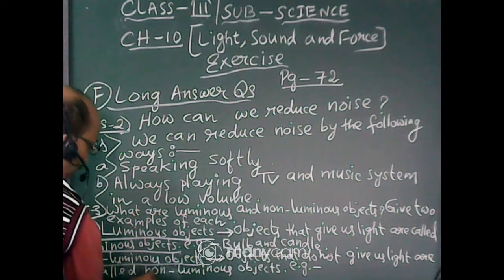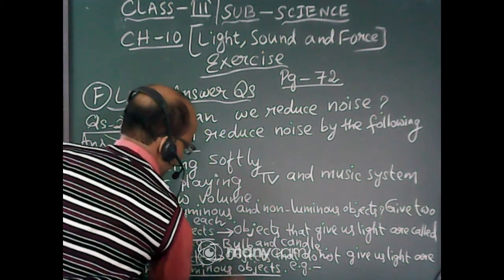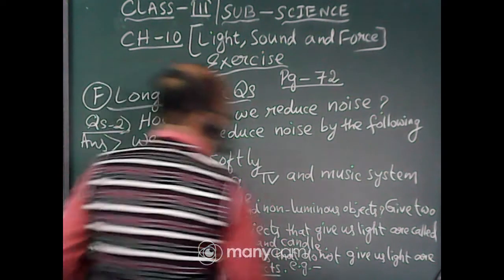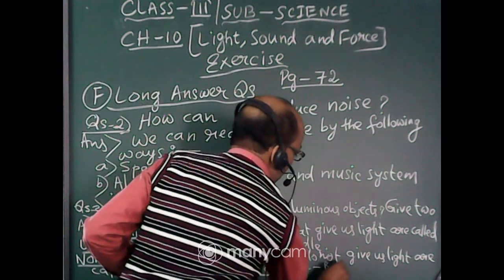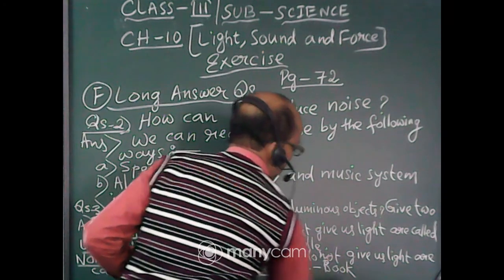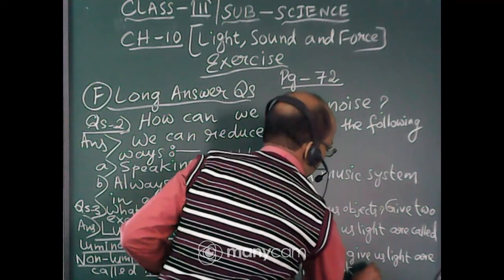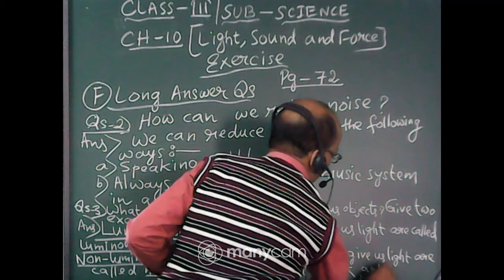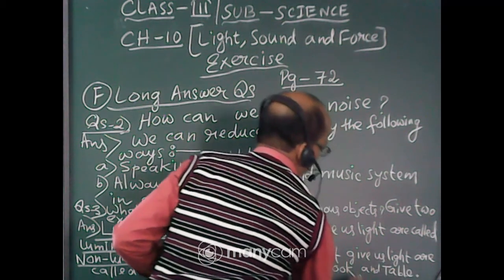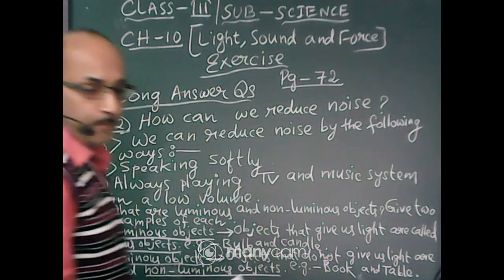You will underline non-luminous objects. Examples: I can write book and table.